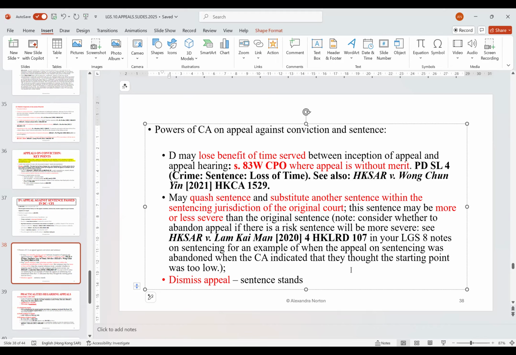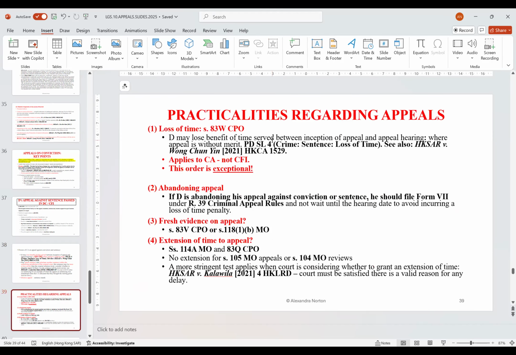Or it could dismiss the appeal and the sentence stands. So a couple of practicalities. Loss of time we've talked about applies to the Court of Appeal, not to a magistracy appeal to the CFI. This is really only imposed in exceptional circumstances, in other words, as a punitive effect.